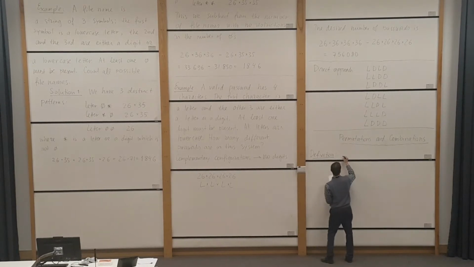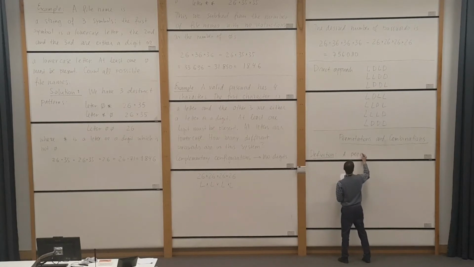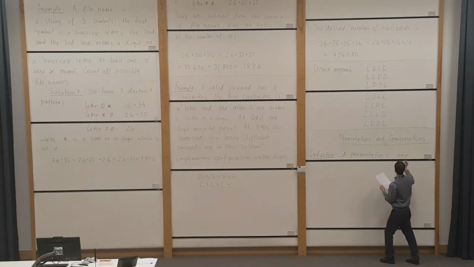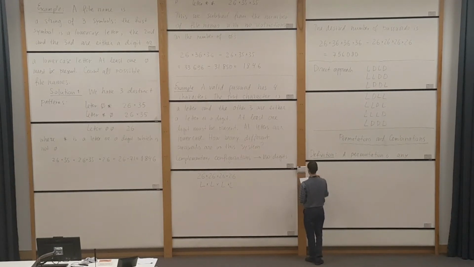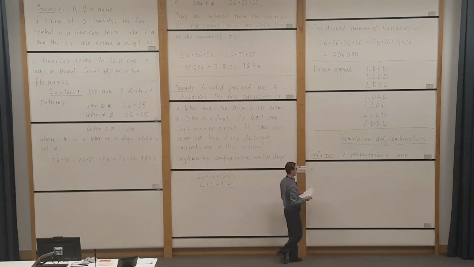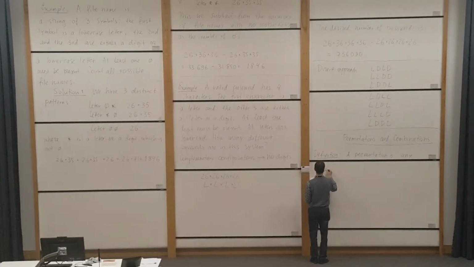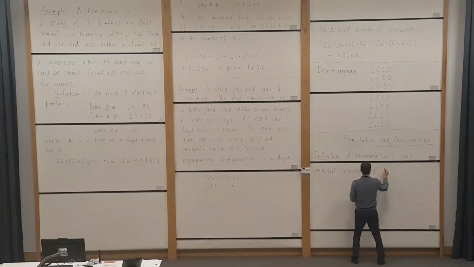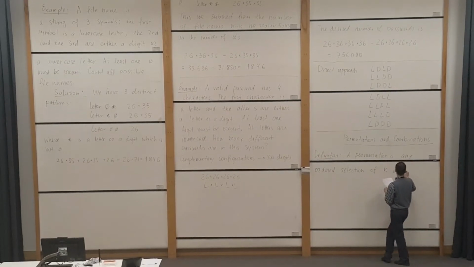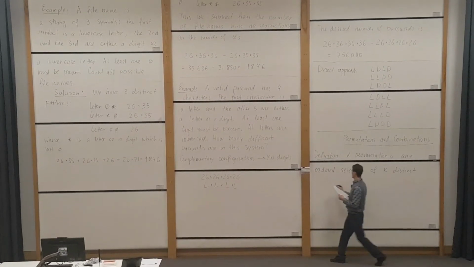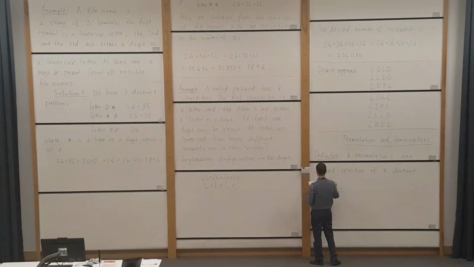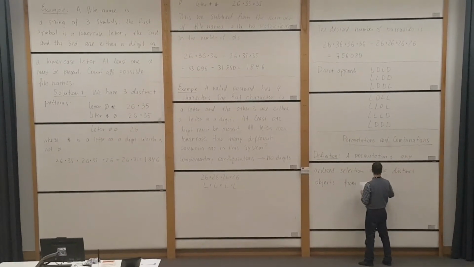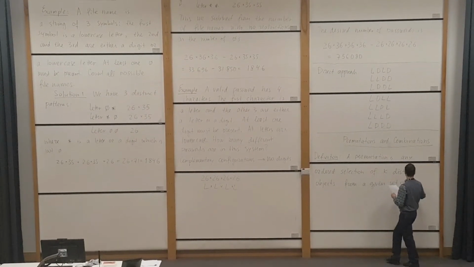A permutation is any ordered selection of k distinct objects from a given set of n objects.